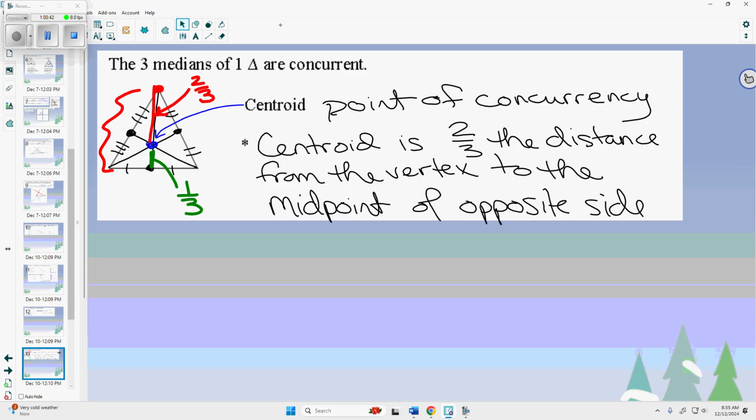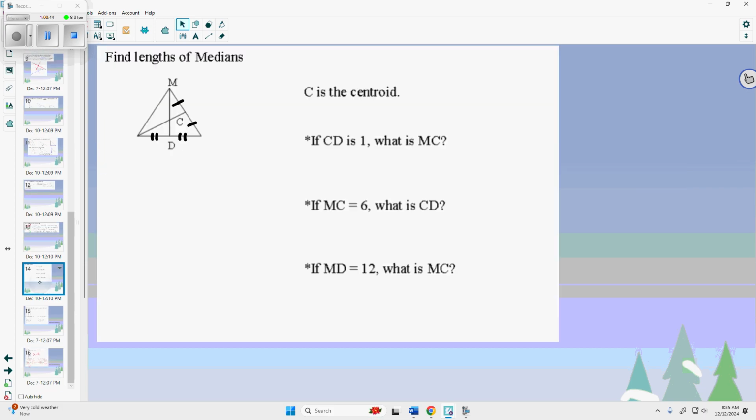So when we go to that next page, we have to figure out, what do I have? Do I have the 1/3 part, or the 2/3 part, or the entire thing? If I look at this picture and it tells me C is the centroid, is MC the 1/3 or the 2/3 part of my segment? Beautiful. That means CD has to be the 1/3 chunk, yes?